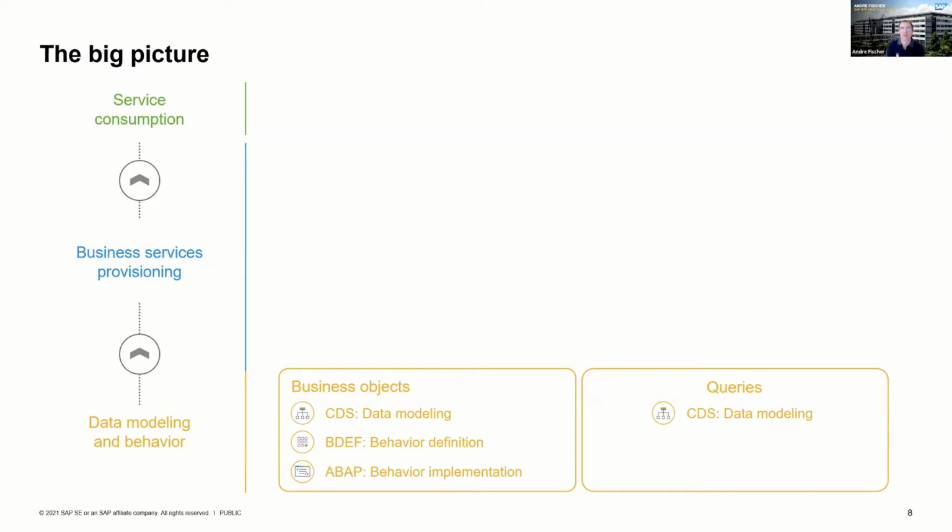So it's a new ABAP repository object type that you create in order to specify how a business object behaves. So does it support create, update, and delete, or even draft, or does it have actions, and so on. The whole implementation finally is done in ABAP. So the behavior is implemented in ABAP classes, there in local classes, and there you have to write code.